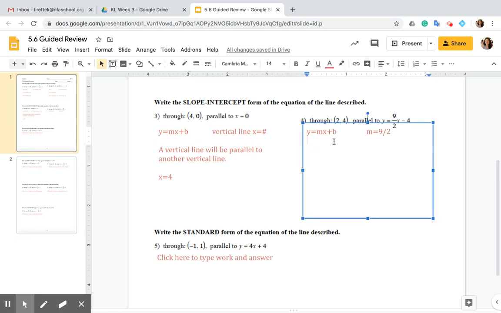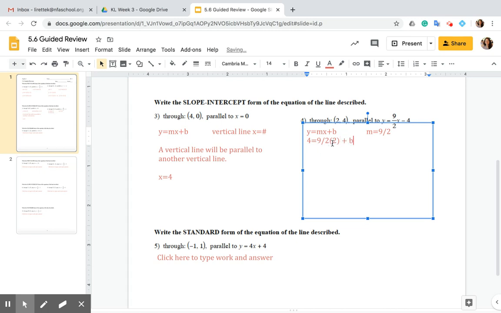So in my next line of work, I'm going to replace the y with the y value in the ordered pair, the m with the 9/2, which we're using for our slope, and the x with the 2. Now, notice that these 2 variables are touching. That means multiplication. So I'm going to have to utilize parentheses or some sort of multiplication symbol to show that these 2 things are being multiplied.